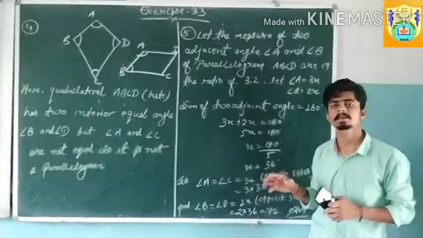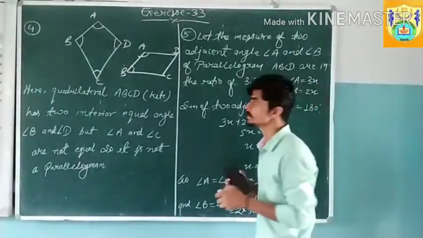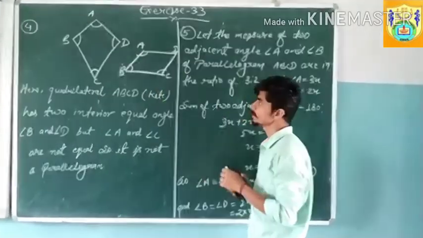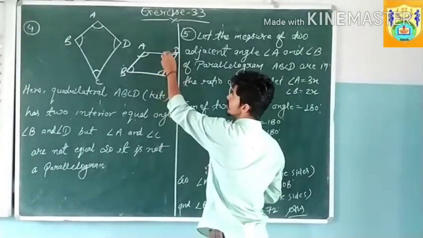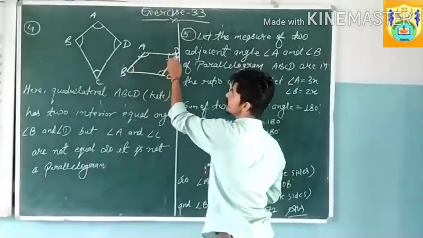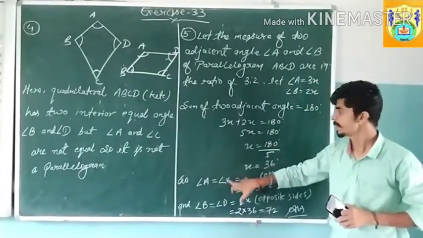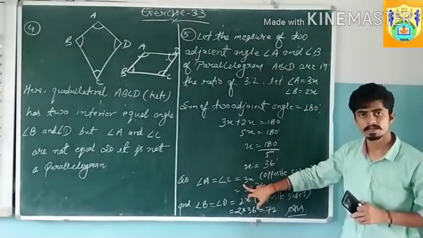Now we have to find the measurement of the angles. As you can see, angle A is equal to angle C, because by the property, opposite angles are equal in measure. Similarly, angle B will also be equal to angle D. So angle A is equal to angle C, and we let angle A be 3x.